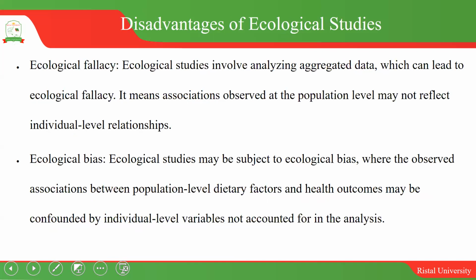The challenge is that you get what you call ecological fallacy. The data that we are looking at is based on a population, and that may not be true for individuals. If you have an association at a population level, that association may not apply at the individual level. That is what we call ecological fallacy.